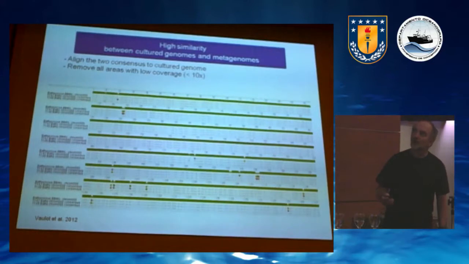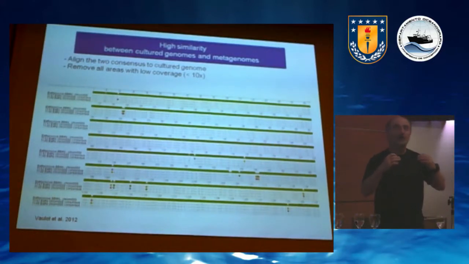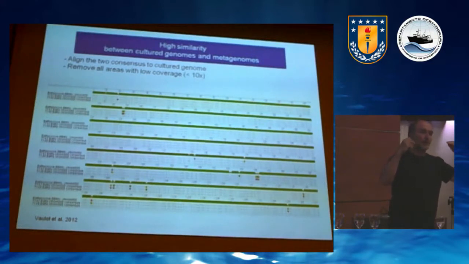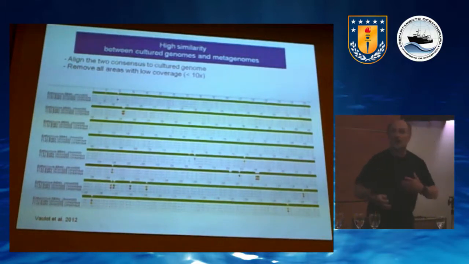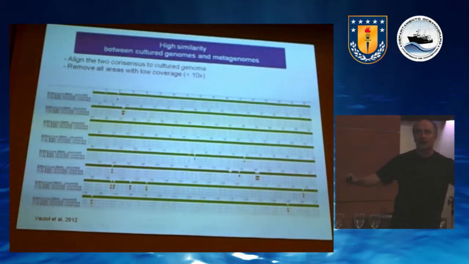So anyway, then we were able to do a very long alignment between our culture, so that's the first sequence here, and the two metagenomes, which were from two different samples taken on 2 different days in the upwelling. So it's like replicates because it's very mixed water, but it's not the same sample. It's a completely different sample, different CTDs, different processing.